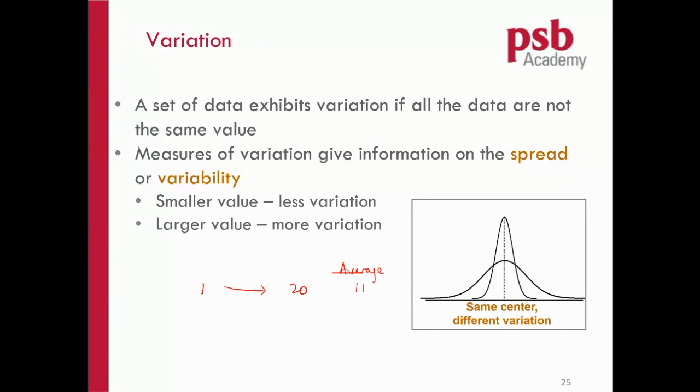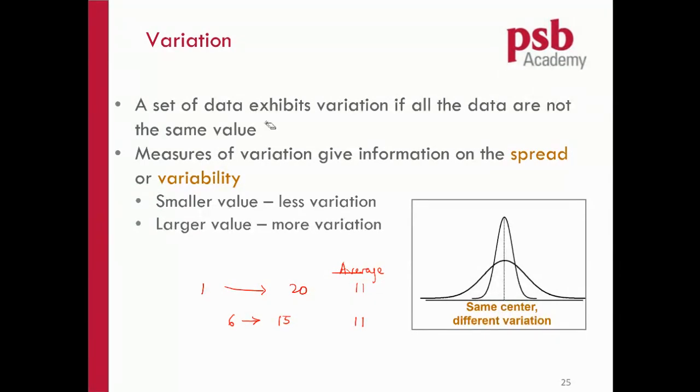But you have another set of data which ranges from 6 up to, let's say, 15 only. The average is also 11. What do they have in common? They have the same average. What differentiates them is that one has a wide spread of numbers from 1 to 20. The other one is from 6 to 15, so a smaller spread. Right? So this is the spread, or we call that variation.